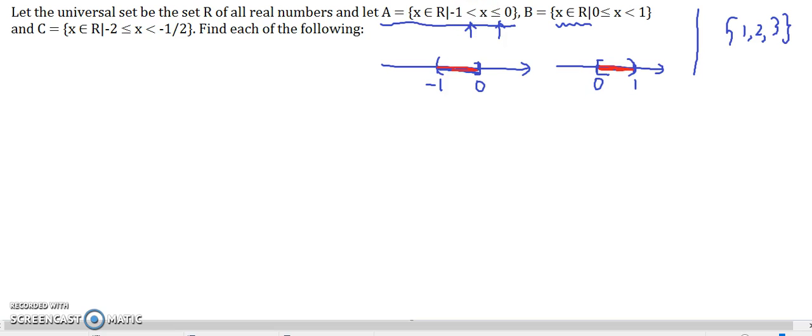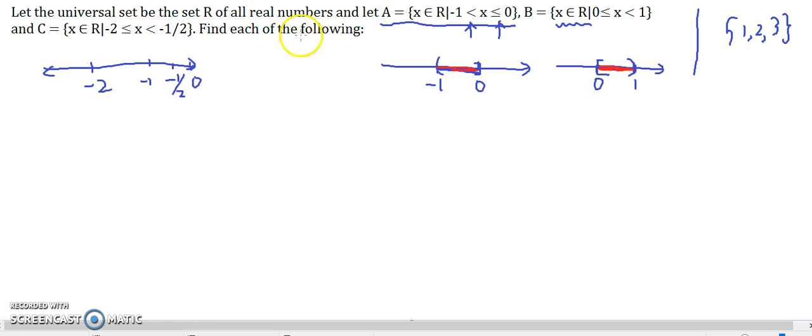Okay, the next one, C: x is a real number, and x is between -2 and -1/2. So say this is -1, this is 0, -1/2 would be somewhere here between -1 and 0.